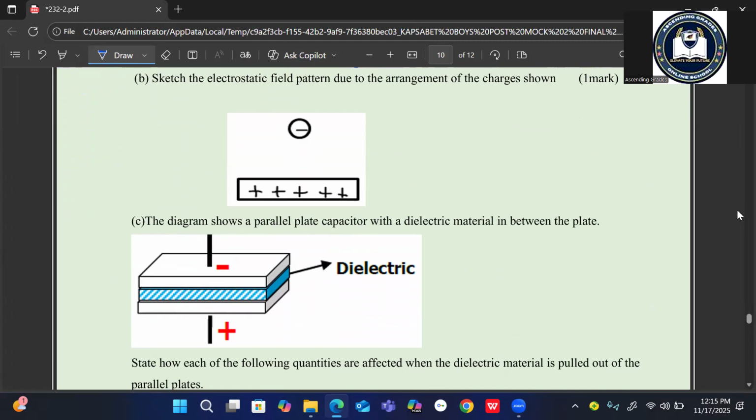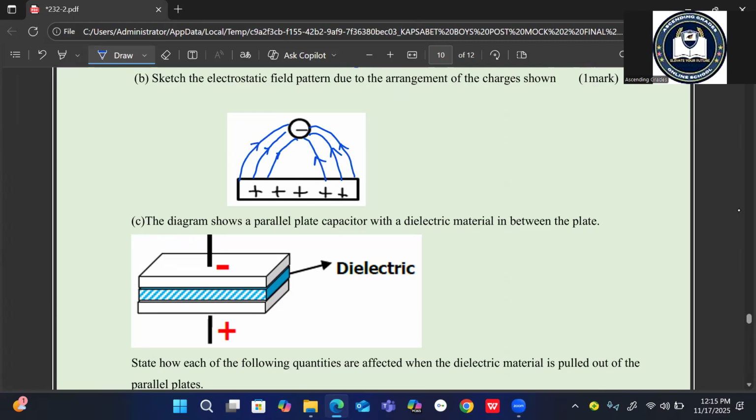We know that the electric field lines flow from the positive charges towards the negative charges. So if you give it the directions, then it will be perfect. Like that.